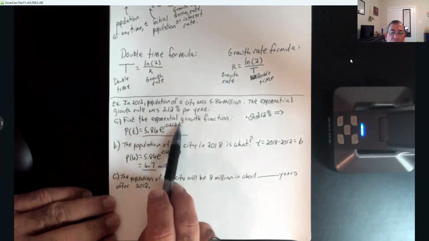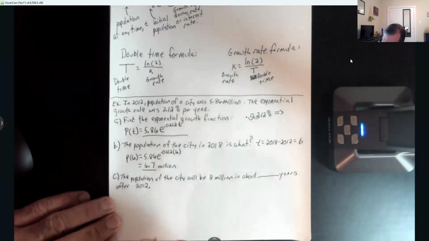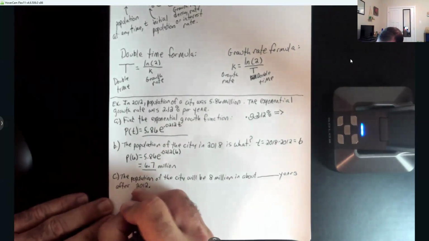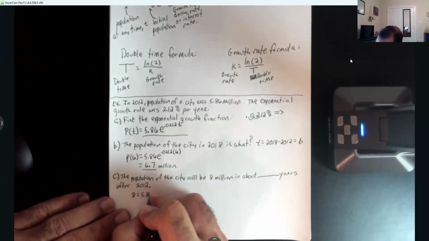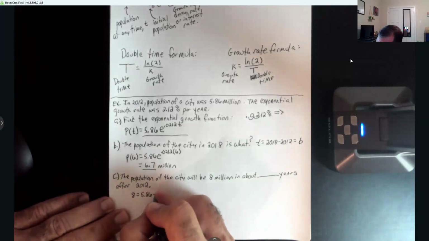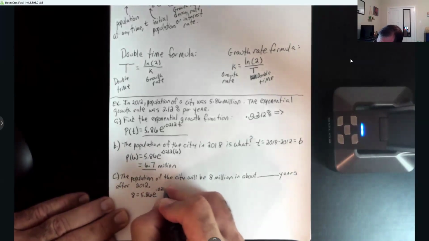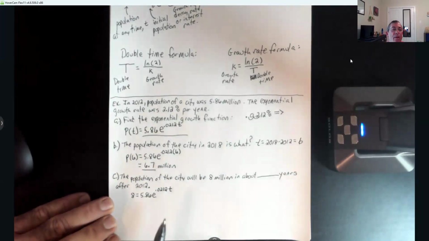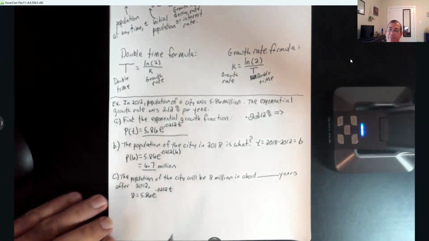So we're going to solve this for the T this time. So y'all plugging in, I would have my 8 million equals 5.86 e to the 0.0212 times t. We're now going to solve this formula for the t.